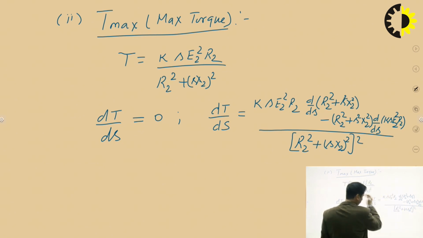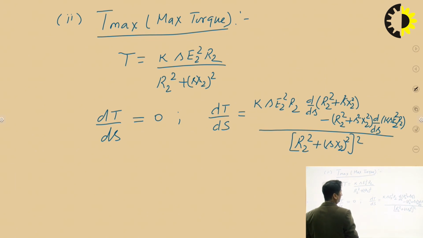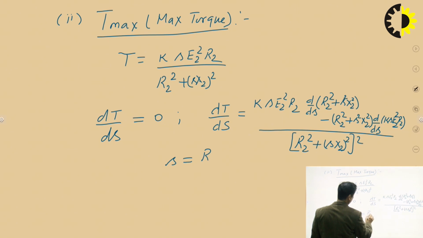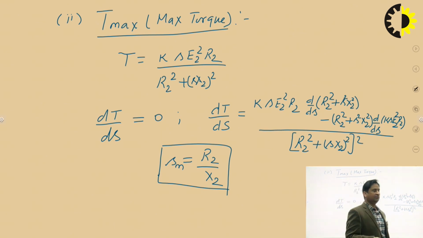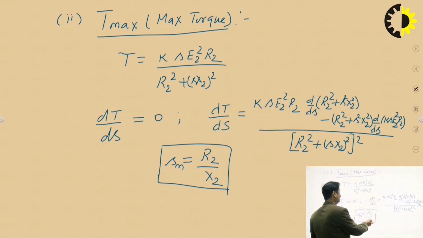When we solve this, we find the slip is equal to the ratio of R2 upon X2, that is Sm, or slip at maximum torque. So the maximum torque occurs when the slip is given by R2 upon X2, the ratio of rotor resistance to rotor reactance. This is the condition for maximum torque.